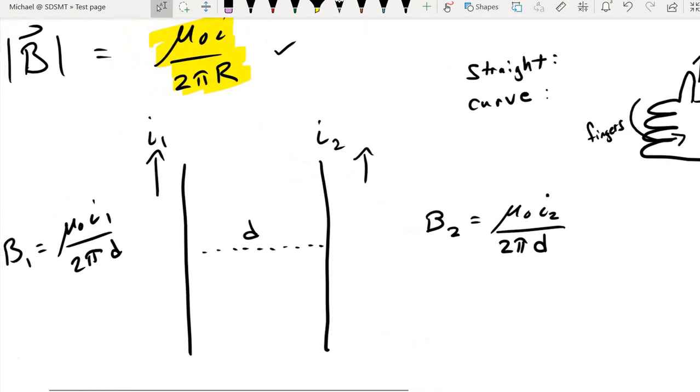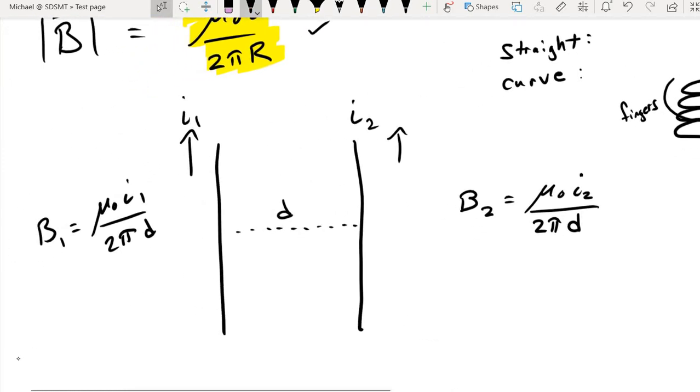So with respect to wire 1, it is traveling in a straight line, so that is the current, wire 1. And that means that when we wrap our fingers around wire 1, we're going to see our fingers wrap around in this direction because our thumb has to point up in the direction of the current.